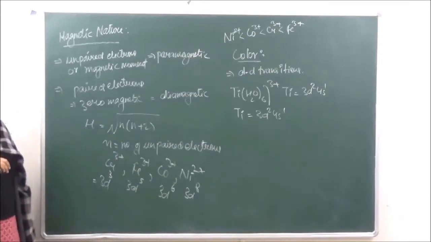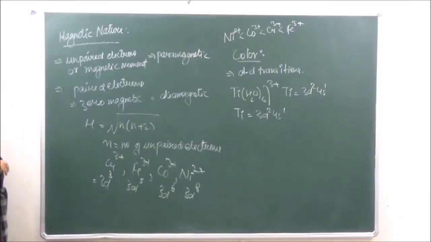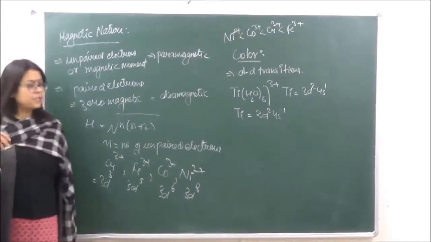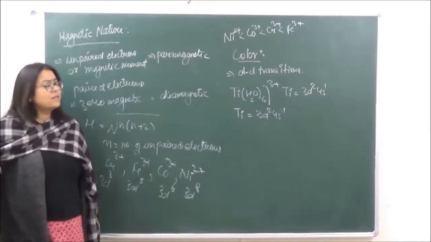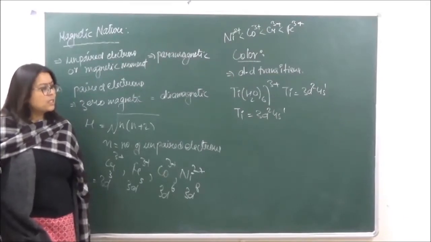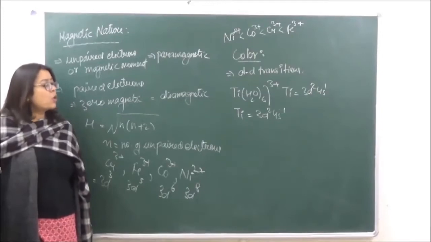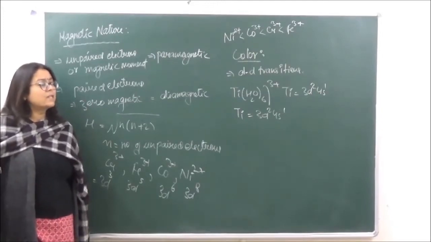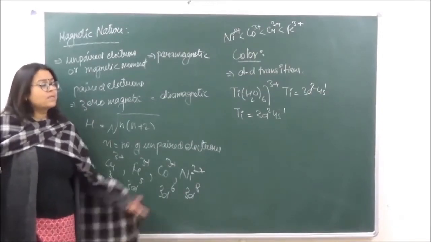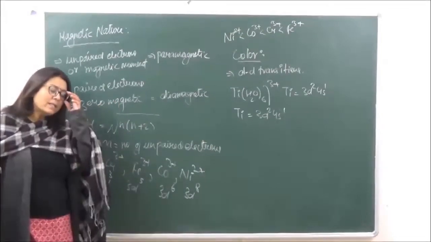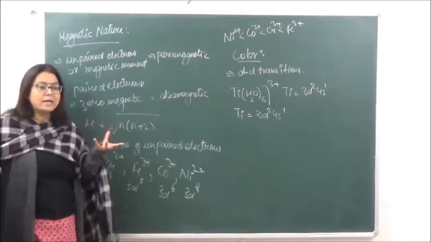Okay. Now in this case what happens is when we are talking of titanium over here, these 2 electrons can jump from a lower energy level to a higher energy level. The lower energy level is going to be T2G and the higher energy level is going to be Eg. So the 2 electrons can jump from the lower energy level by absorbing light and going to a higher energy level. Now what really happens is the source of light, if we are taking sunlight as the source of light, that is white light.